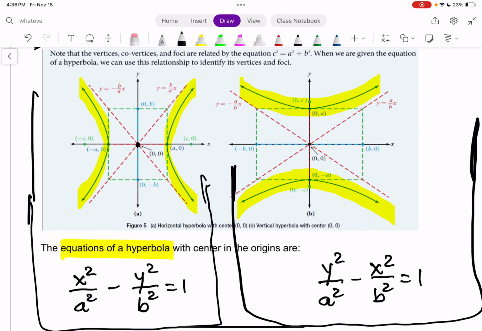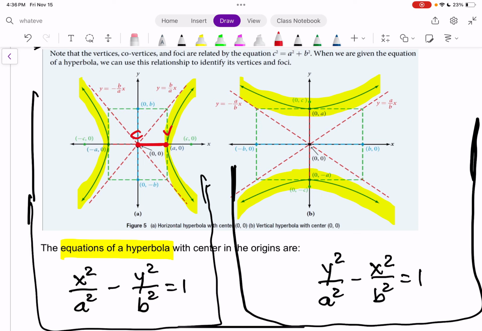Now, I have put A always under the first term because in an ellipse, A was the biggest number. It doesn't have to be anymore. A, just like with the ellipse, is simply the distance between the center and the vertex.